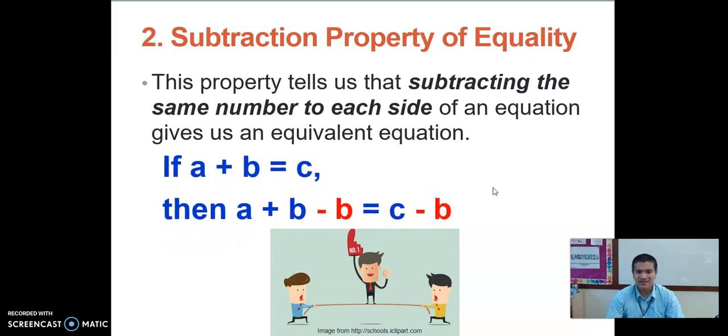So if A plus B equals C, then you subtract B. Here we have A plus B minus B equals C minus B. The easiest way: if it is positive, add a negative. If it is negative, add a positive number.